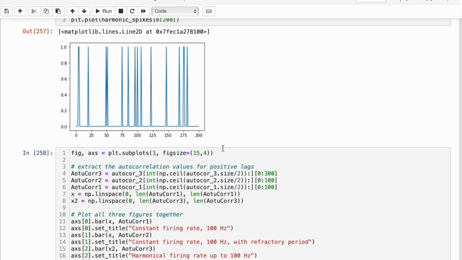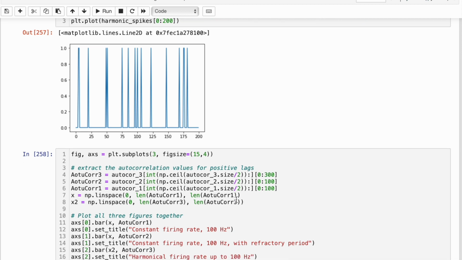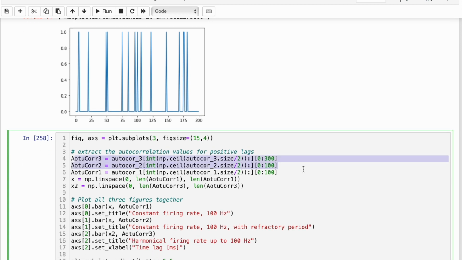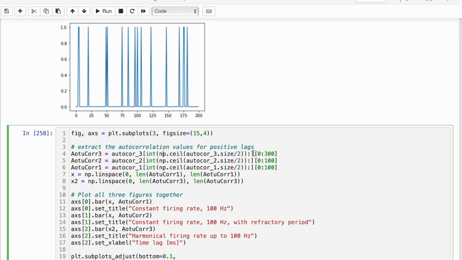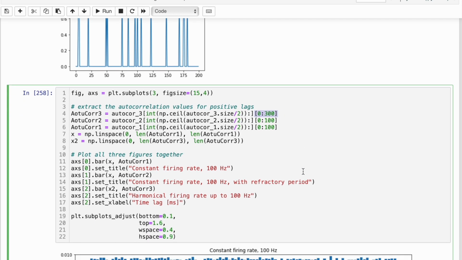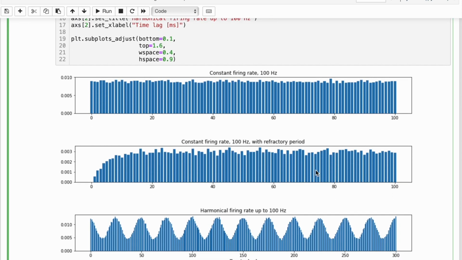So what we're really trying to get at is to understand how these three will differ. I misspelled autocorrelation. Anyway, how these three will differ in the autocorrelogram as a result of the way that these spike trains were generated. So I only plot 300 points here, and it's going to look like this.